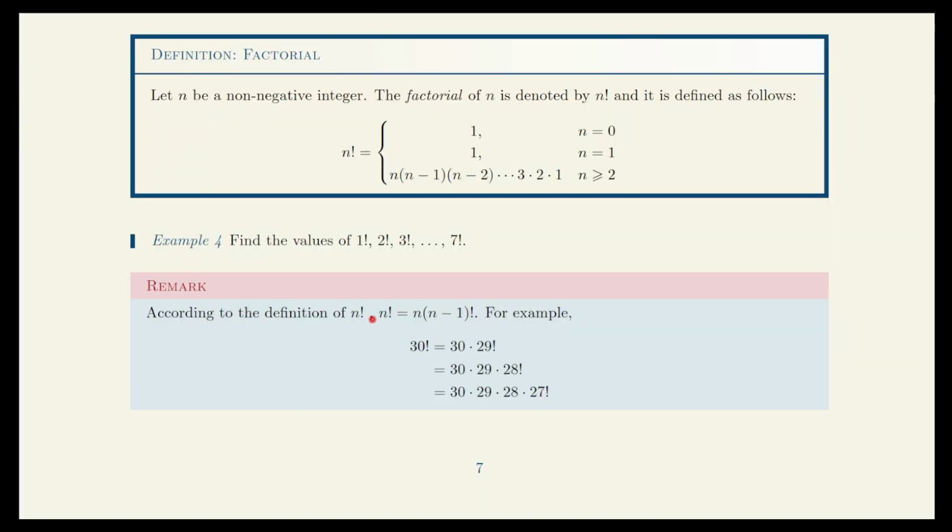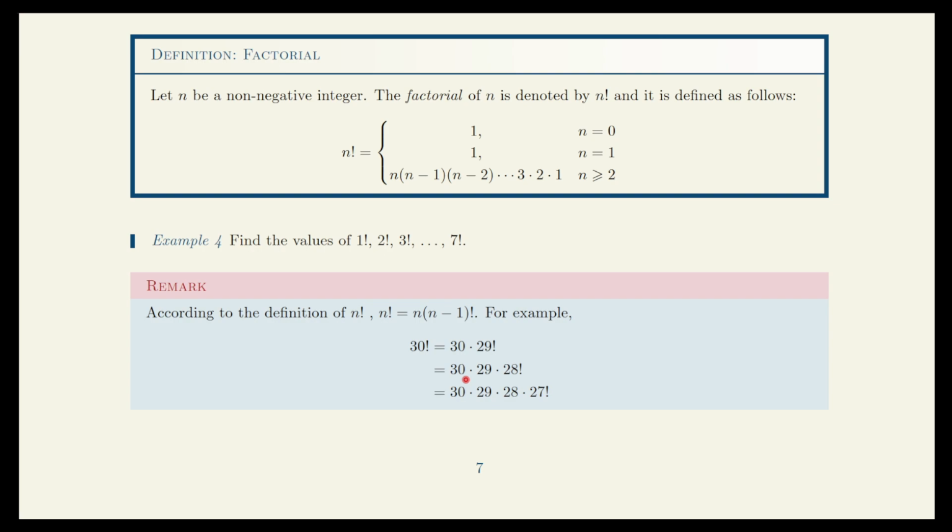This remark is, by the way, very obvious. If you have a factorial of a number, sometimes you have to break it down. So if I ask you what is the factorial of n, you can say n itself multiplied by the previous factorial. For example, 30 factorial sometimes is needed. You break it down. So you can write it as 30 times 29 factorial.